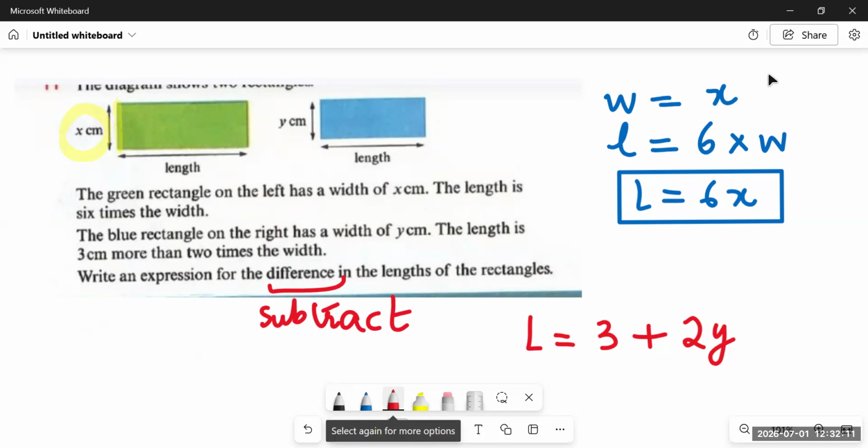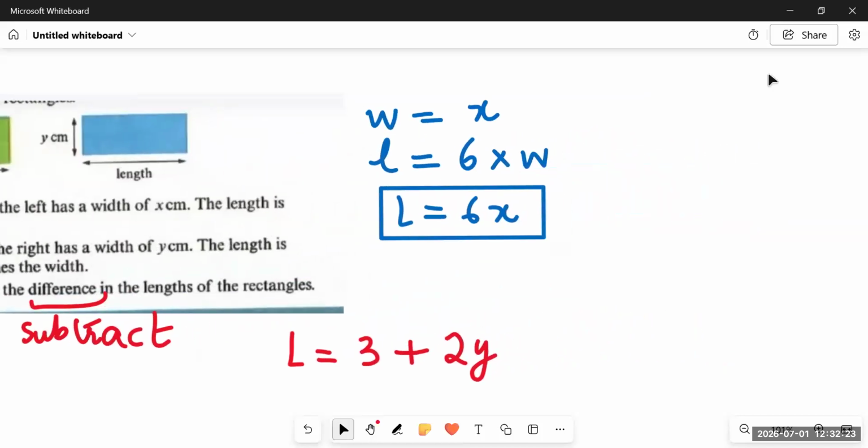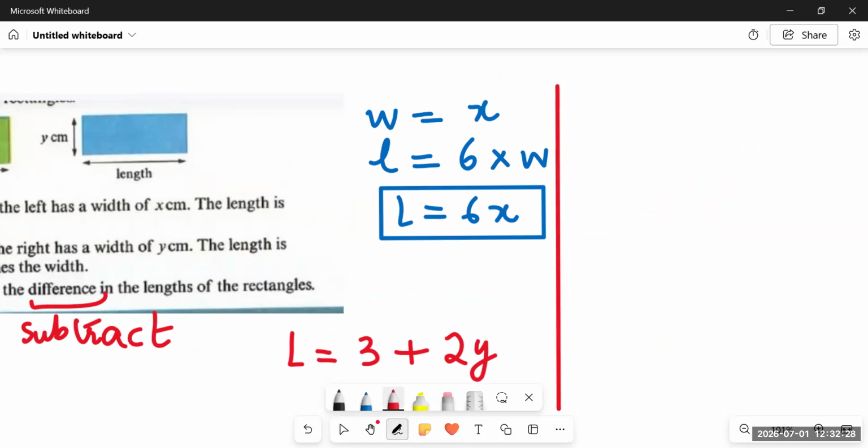As you can see, their lengths have a difference, and the length of the green rectangle is more than the length of the blue rectangle. So we will write down the length of the green rectangle first, which is 6x.